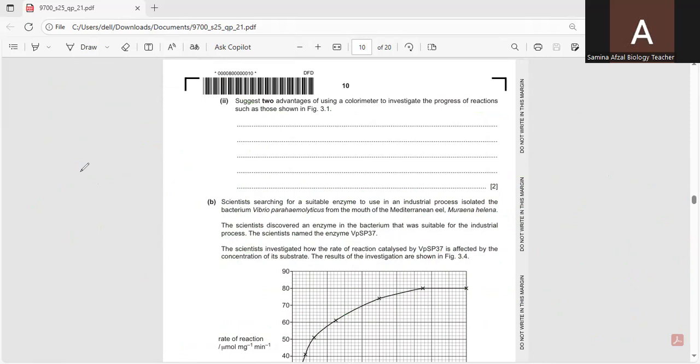As we have talked about, these are the two reactions which were taking place in the start, which they have given in figure 3.1. So we are talking about that they were investigated in the presence of a calorimeter. So I would like to discuss the role of this calorimeter or the advantages of using this calorimeter.